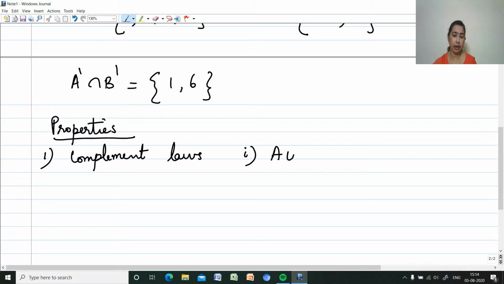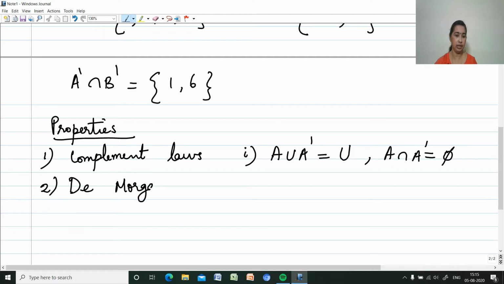A union A complement: A and its complement, the union, we get as the universal set. A means that set and complement means outside A. The union of those two we can write as the universal set, whereas A intersection A complement is equal to the null set.